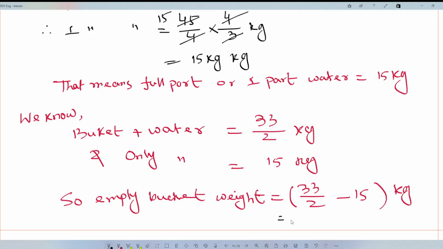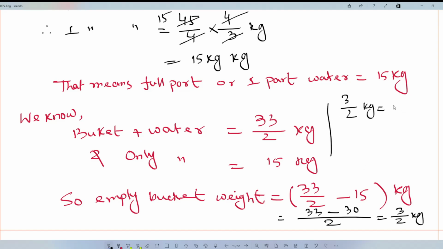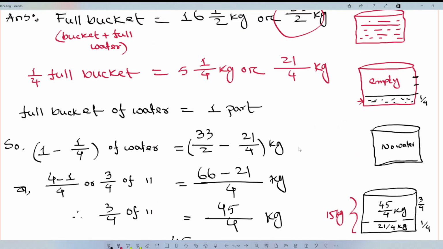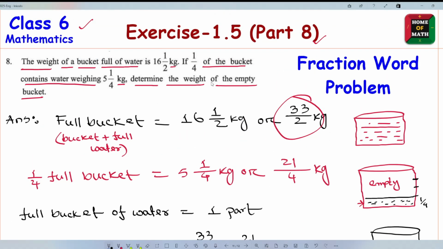So this one we can write 2, here is 33, 2 times 15 is 30, so this is 3/2 kg. 3/2 kg equals 1/2 kg. This is our answer. So the weight of the empty bucket is 1/2 kg.